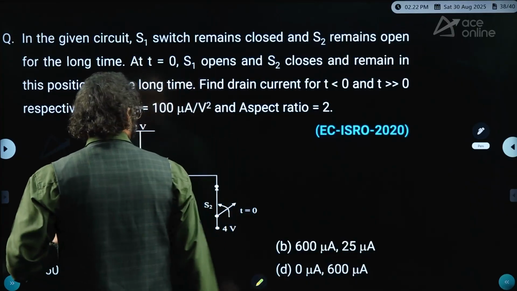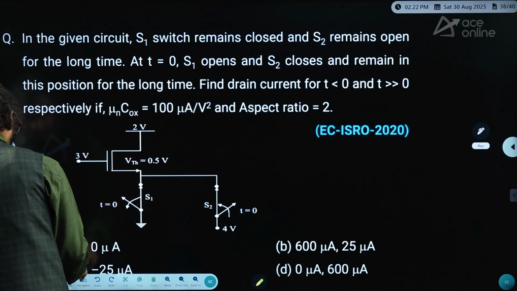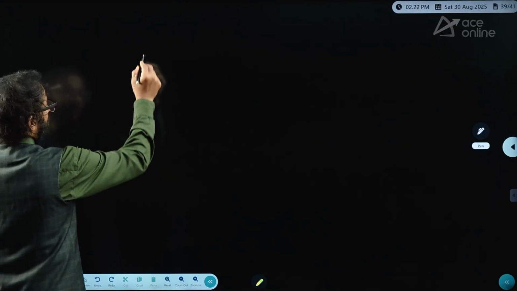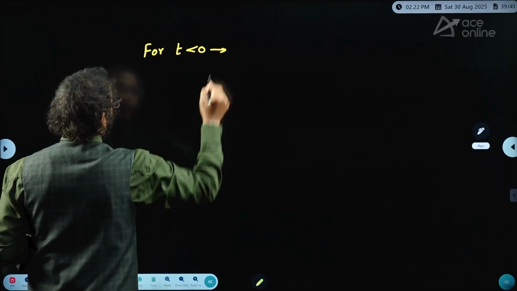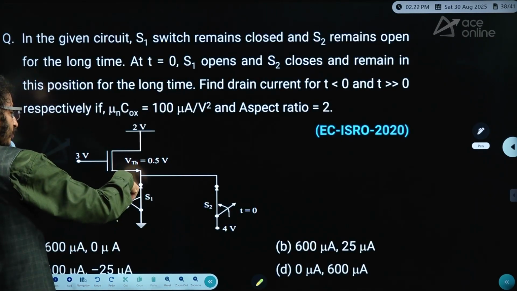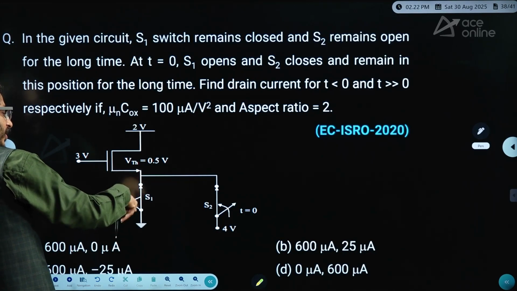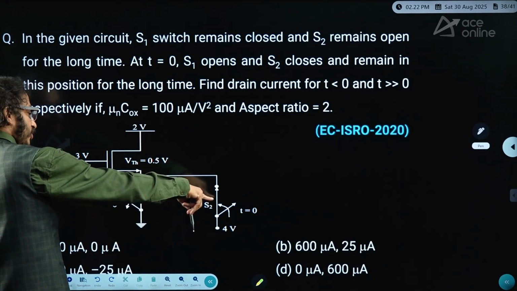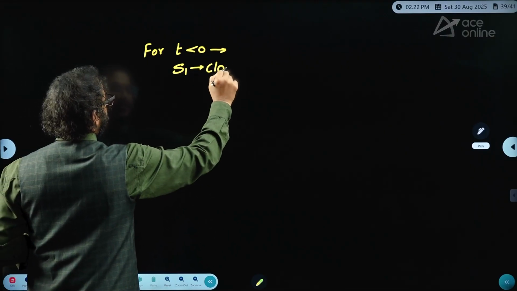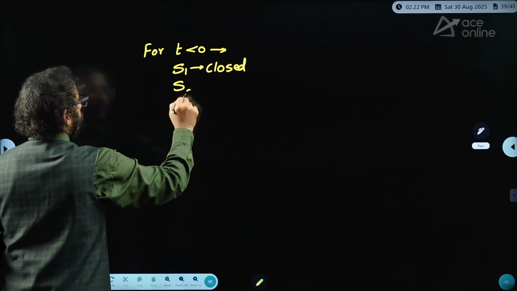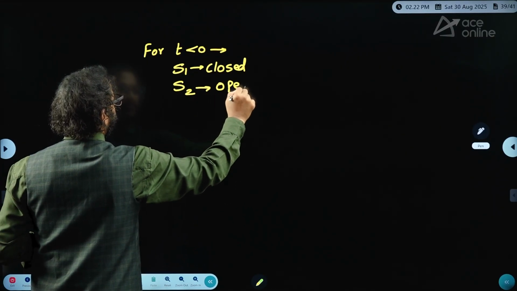Let me check it out carefully here. For t less than 0, check out the circuit. For t less than 0, this switch S1 is closed and S2 is open.